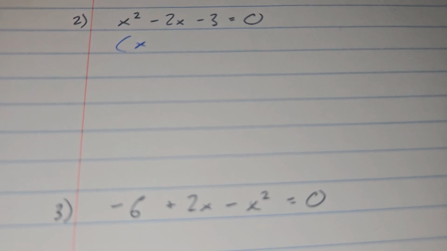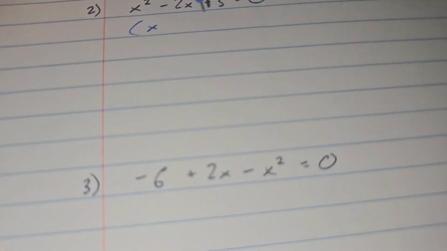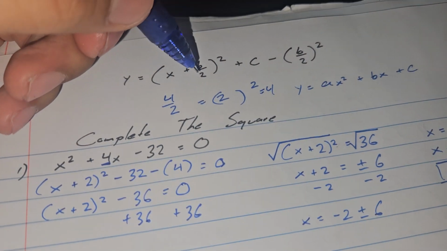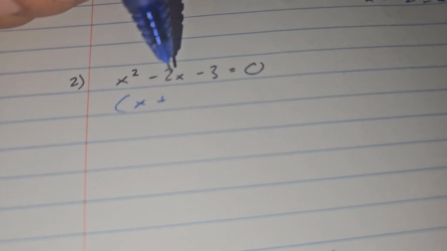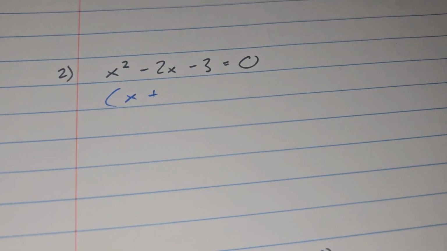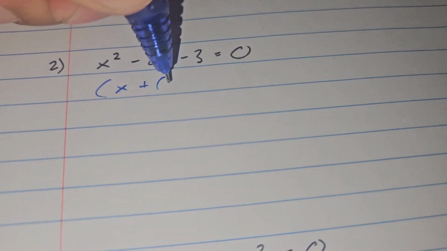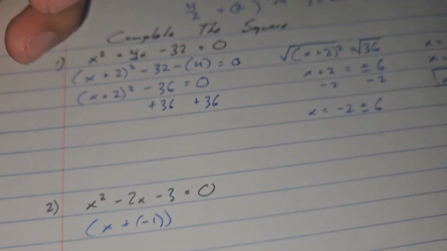Our x is going to be x plus b divided by 2. What's our b? Our b is negative 2. Negative 2 divided by 2 is negative 1, right? Plus negative 1 squared.